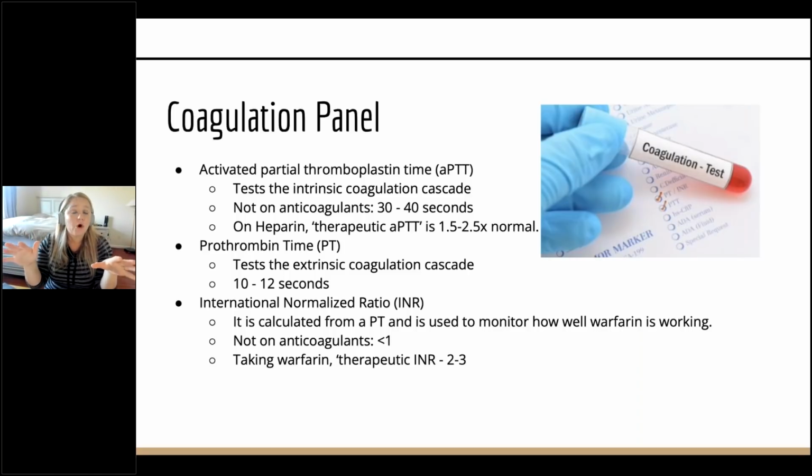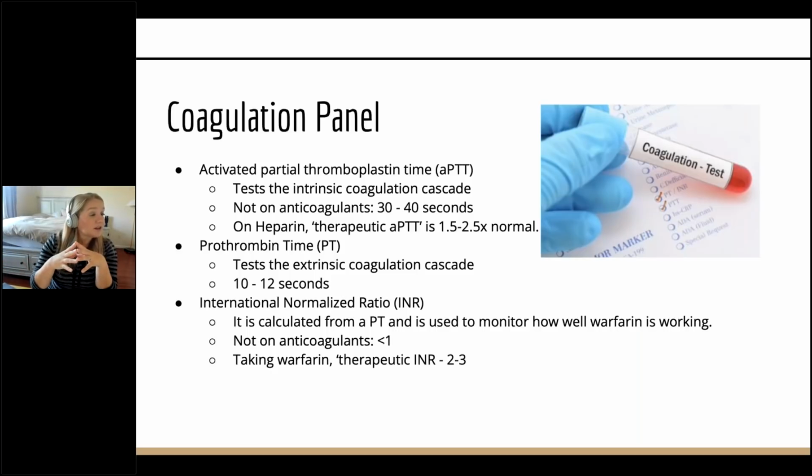For patients who are not being anticoagulated on heparin, it should be about 30 to 40 seconds, give or take. If we are on heparin, we want to anticoagulate this patient, maybe to treat some clots or prevent clots. We want that time to be longer because they're anticoagulated. We want their blood to take longer to clot.